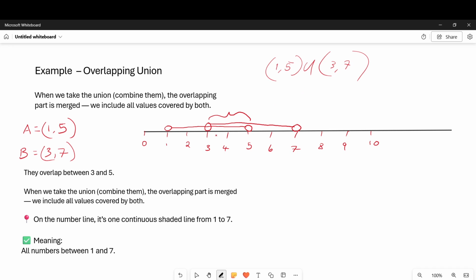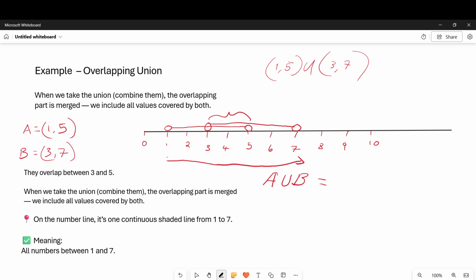But when we have two intervals that are not separate parts, I mean they are connected and have a common region, A union B is the entire interval, starting from 1 to 7.